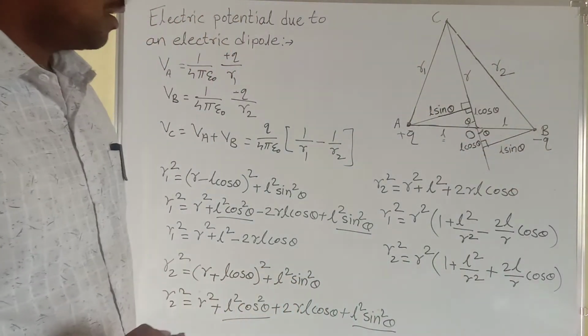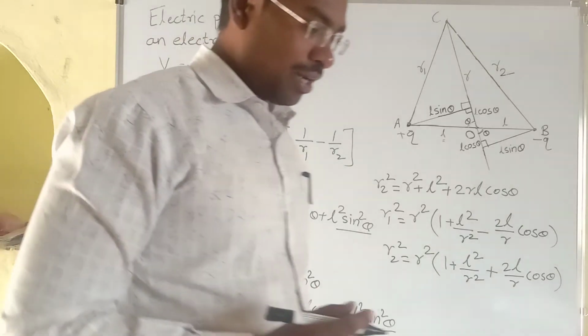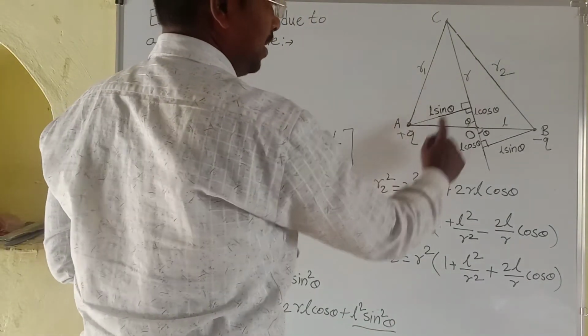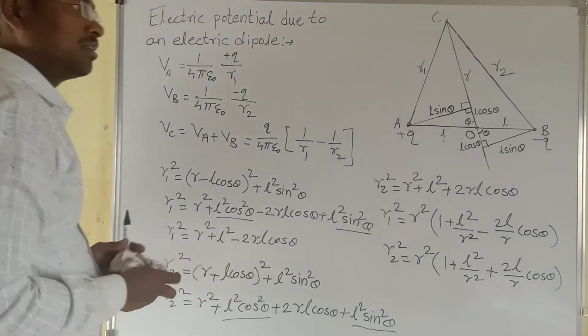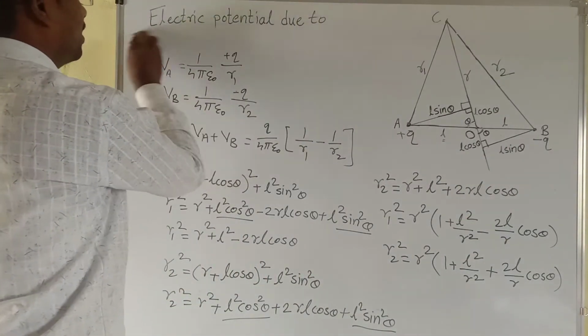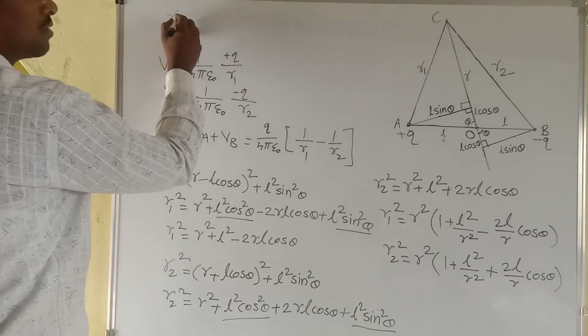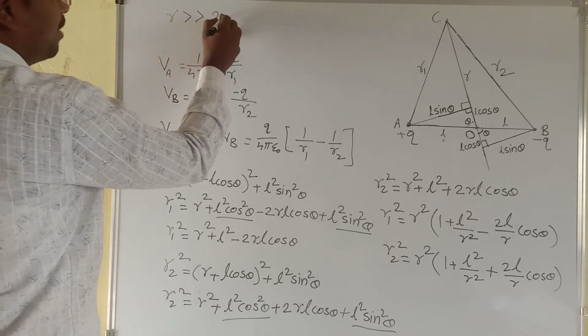Okay. Now if we compare that distance R with the dipole length, that R distance is very large as compared to this dipole length.